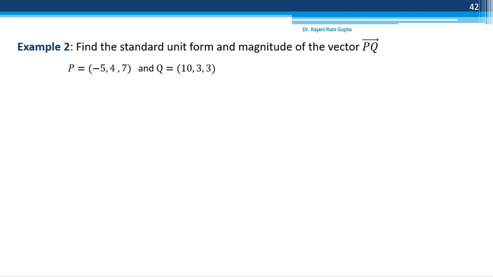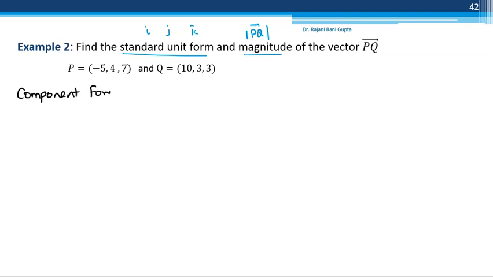Here they are asking you to find the standard unit form and the magnitude of the vector PQ. So magnitude means you have to find the length. Okay. Standard unit form means it should be with i, j and k. Okay. So let's start with the component form because that is always easier.